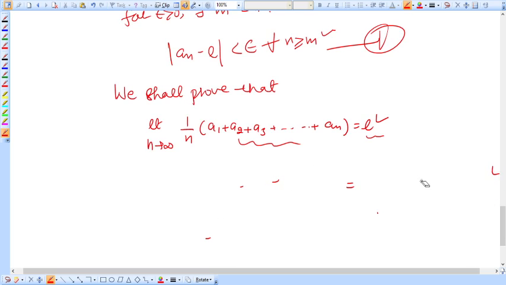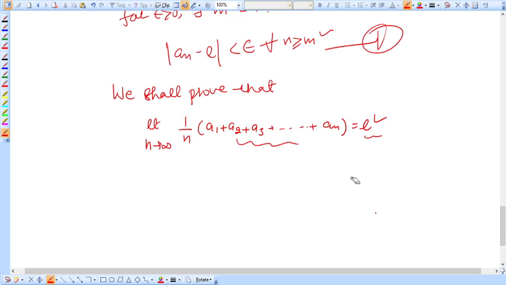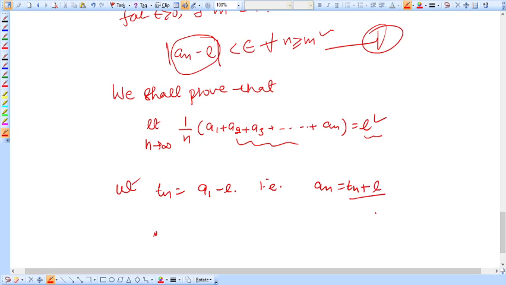We want to prove that this is equal to L. So you do what: let this term, call it Tn. So call Tn equal to an minus L. That is, an is equal to Tn plus L. Now this is your xn.